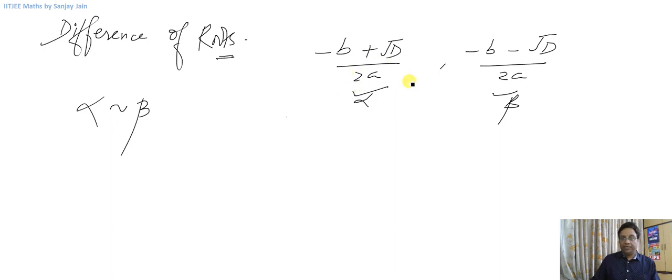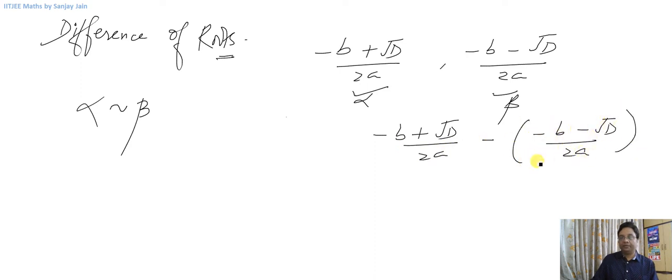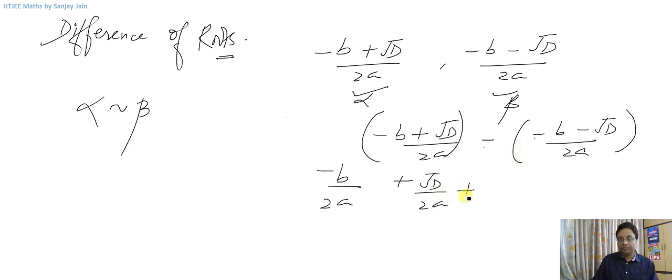If you subtract, let us say, minus b plus root d by 2a minus minus b minus root d by 2a, let me simplify it, then you will understand. Minus b by 2a plus root d by 2a. This minus and this minus will make it positive, so plus b by 2a, right? And this minus and this minus will again make it positive, so root d by 2a.